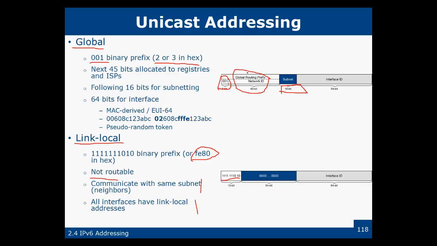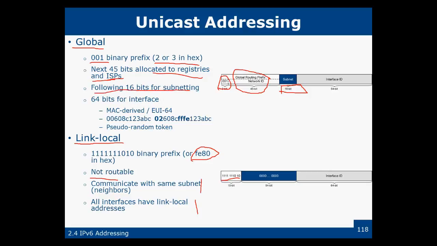Hierarchical global, based on the global routing prefix, means different blocks of addresses are assigned logically to different parts of the world. So we have this 45 bits allocated to the registries, and these are regional registries, in North America, in Asia, in Africa, in Europe, so that these addresses are allocated in that way.